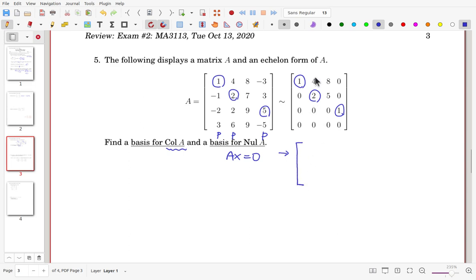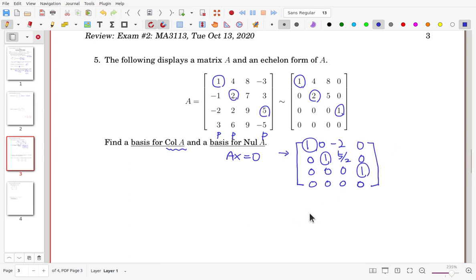Twice subtraction: 1, 0, minus 2, 0; 0, 1, 5 over 2, 0; 0, 0, 0, 1; 0, 0, 0, 0. Now it is the reduced echelon form, with leading 1, leading 1, leading 1.